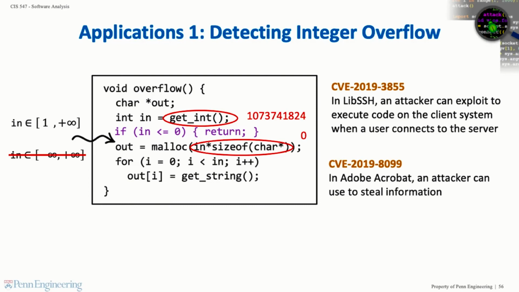For instance, checking that the value of variable in is less than or equal to the value of the expression in times the size of pointer to char, or using calloc instead of malloc. Calloc uses separate arguments for the number of elements to be allocated, in this case the value of variable in, and the size of each element, in this case the size of pointer to char.